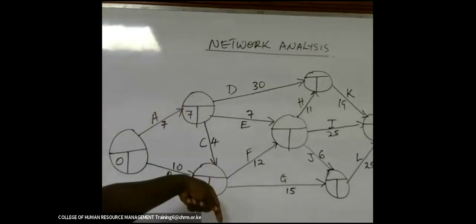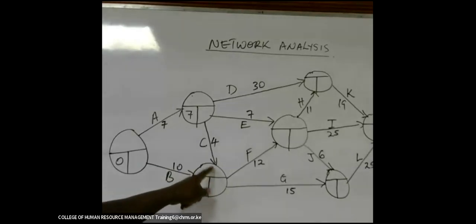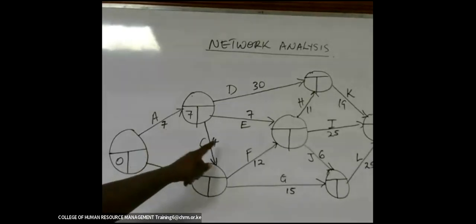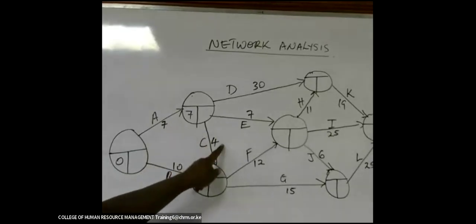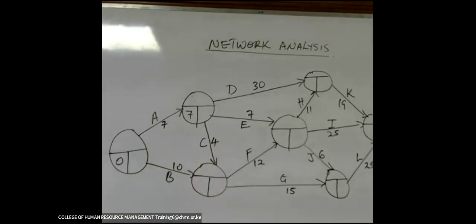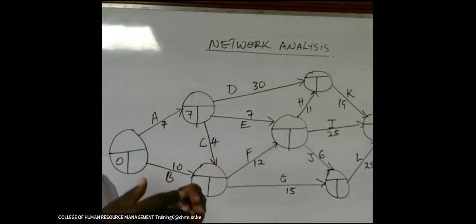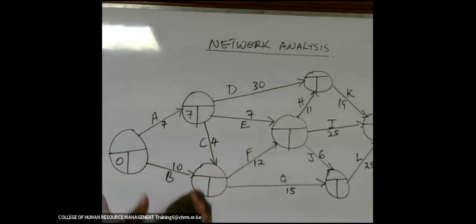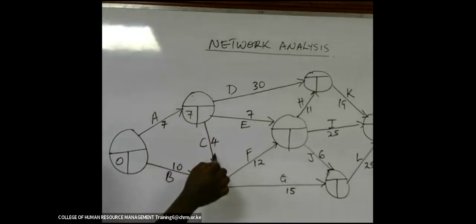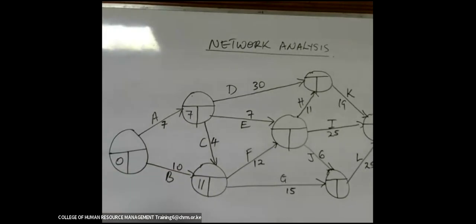But if we go to A and then from A we use C, it is going to be 7 plus 4, 11. And this one is 10. When they converge, you take the higher duration. You put there 11.